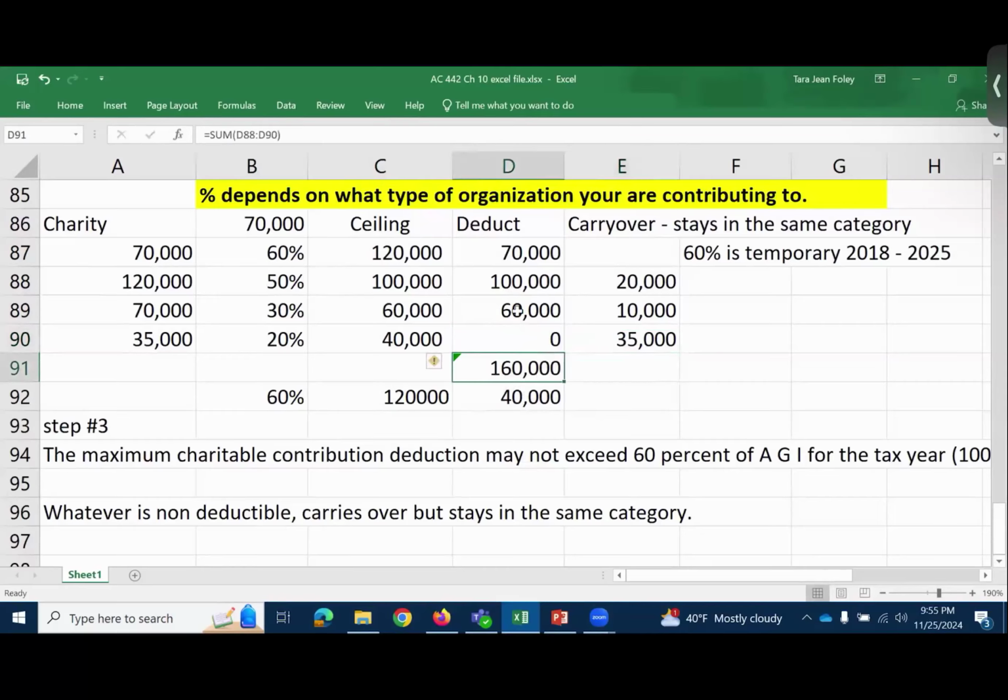So now I'm at 160, and I would take 40 from here. 50, 40 plus 50. Minus 50. No, make that 50. Minus 10. Nope, I did that wrong. 40, sorry.